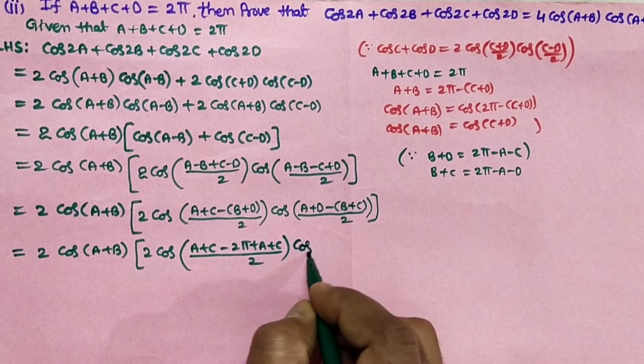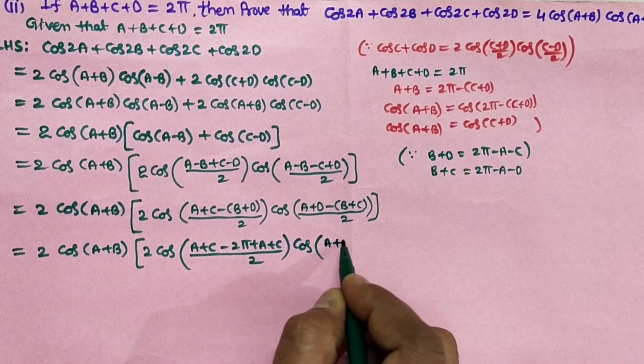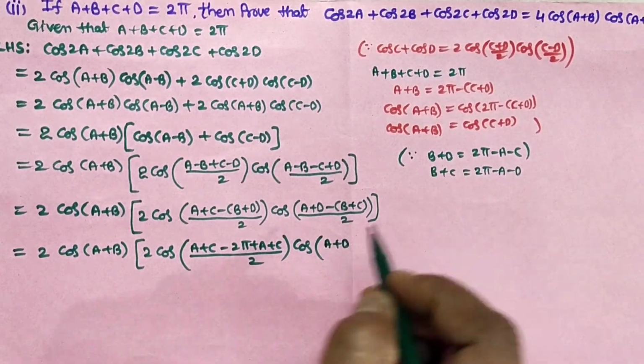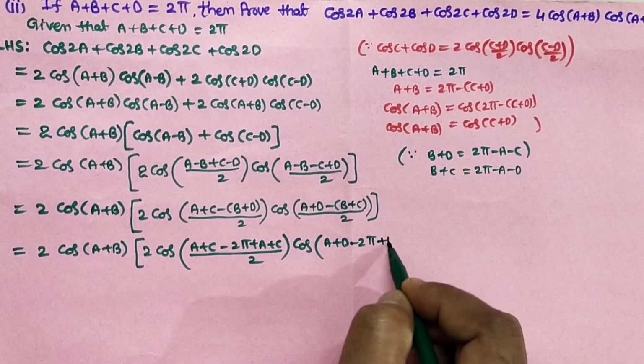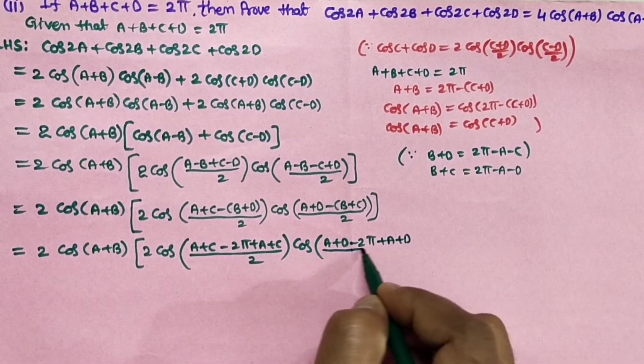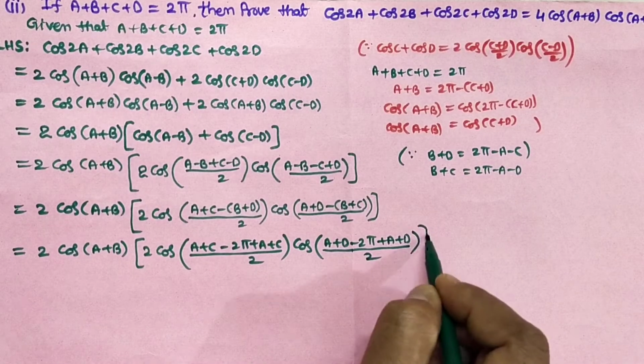Next, cos of (A plus D) minus (B plus C), so minus 2 pi minus (minus A plus D), divided by 2.